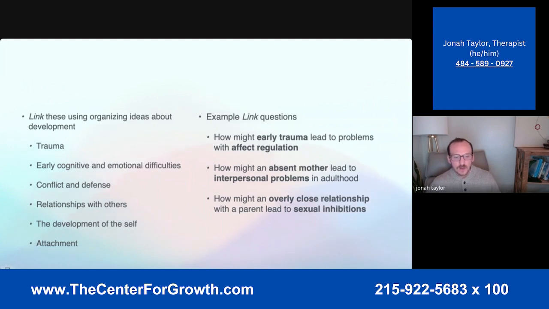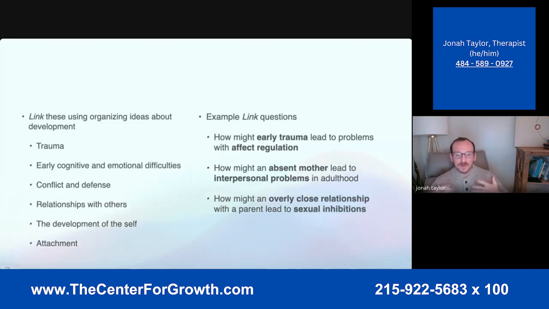So you're looking at trauma, you're looking at early cognitive and emotional difficulties, you're looking at conflict and defense, relationships with others, the development of the self, attachment. And so just as very brief examples, because we're pretty much out of time, of ways that you could link what you have described and reviewed: how might early trauma, right, so that's from development, lead to problems with affect regulation?